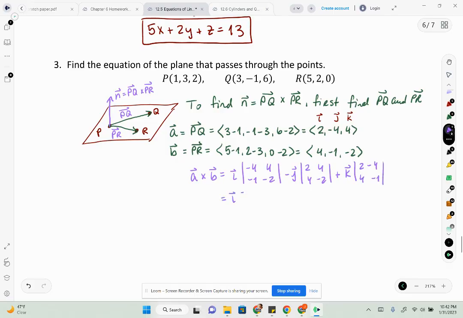Working that out, I have an I hat, 8 plus 4, minus J hat, negative 4 minus 16, plus K hat, negative 2 plus 16. This works out to a vector with components 12, 20, and 14. All right, this is my normal vector.